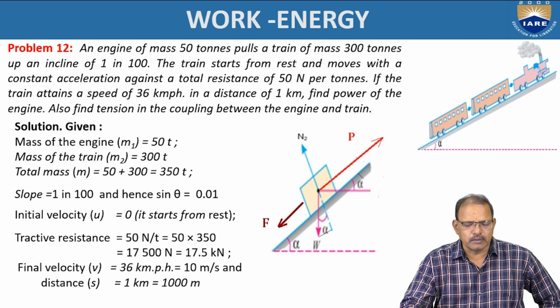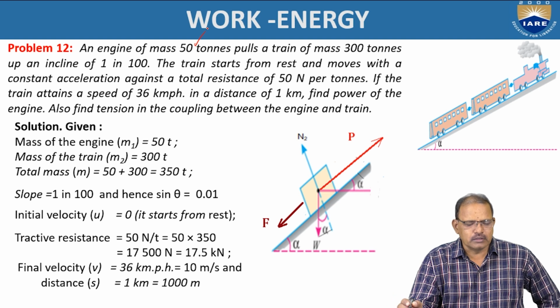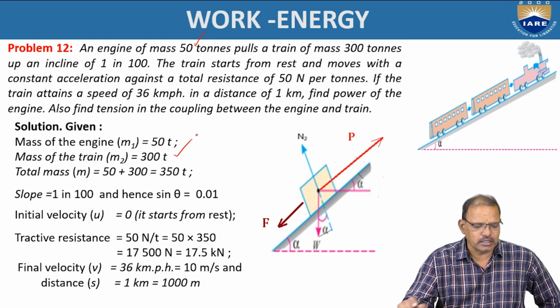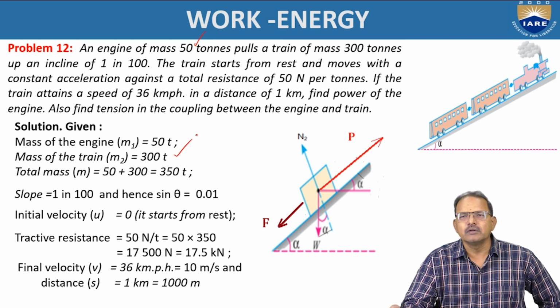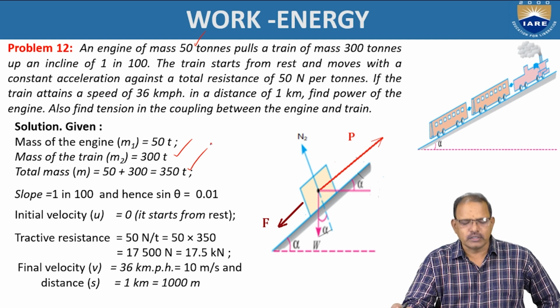The given data in the problem: the mass of the engine is 50 tons, and the mass of the train is 300 tons. The total mass is 50 plus 300, which is equal to 350 tons.